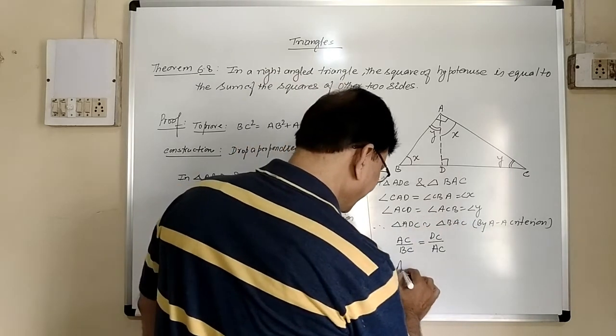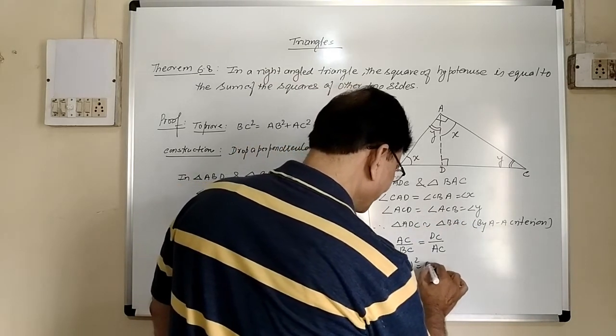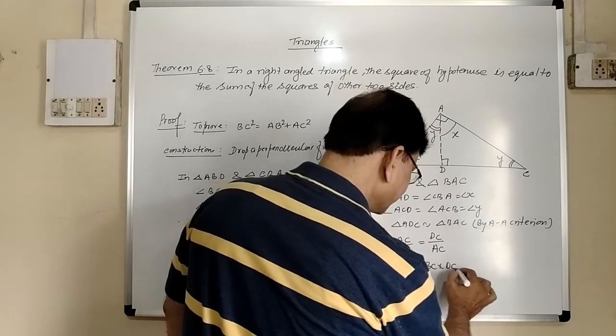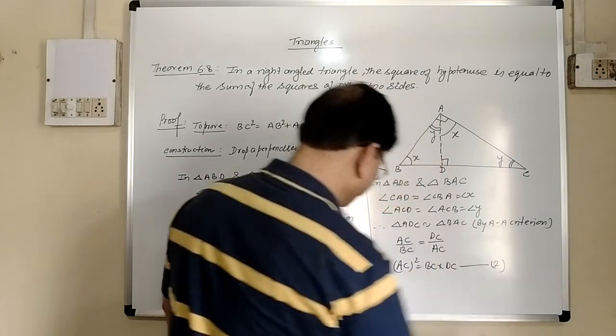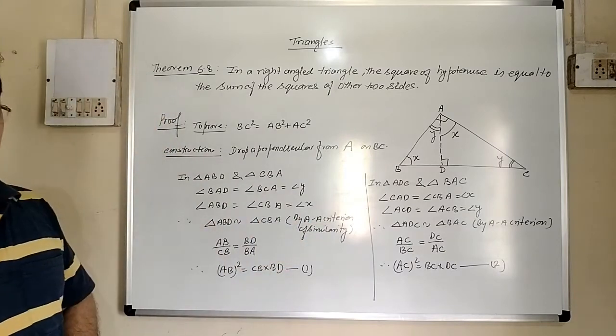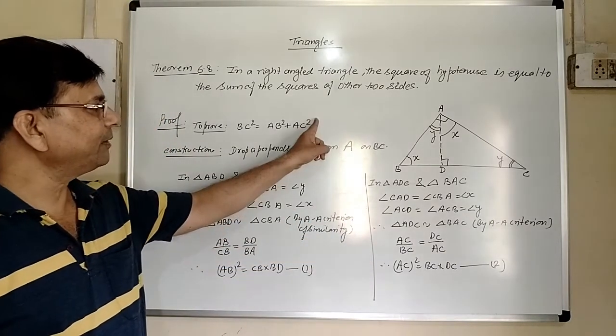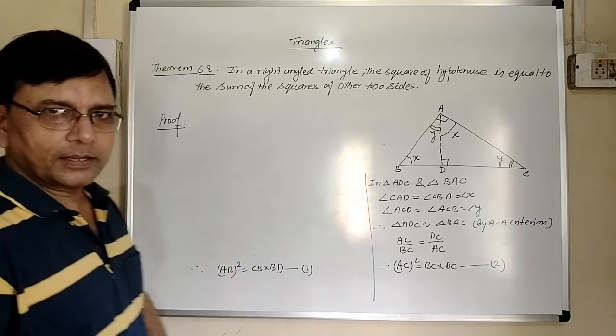With this we get AC square is equal to BC into DC. It is equation number 2. So these two equations we got, and with the help of these two, we will prove this relation.